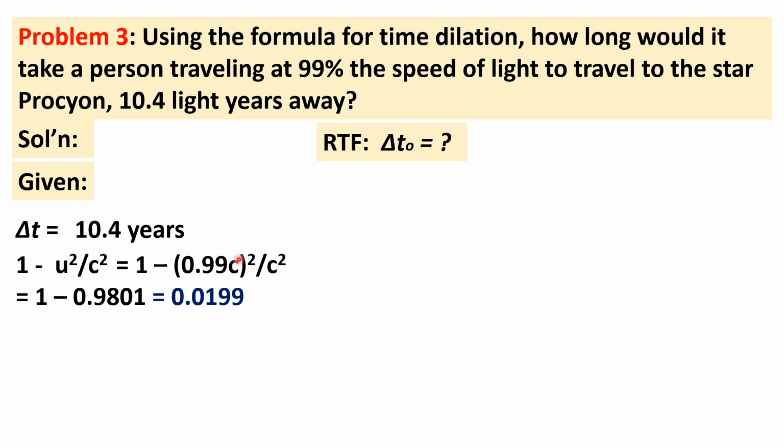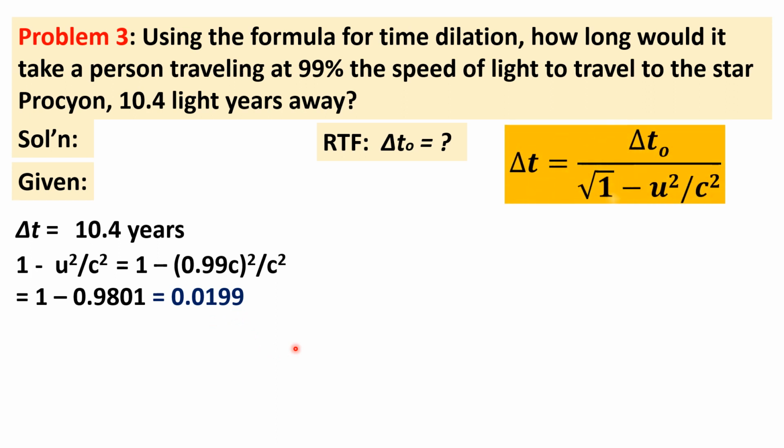You square it and divide it by the square of the speed of light, and what we get is 1 minus 0.9801, which is equivalent to 0.0199.